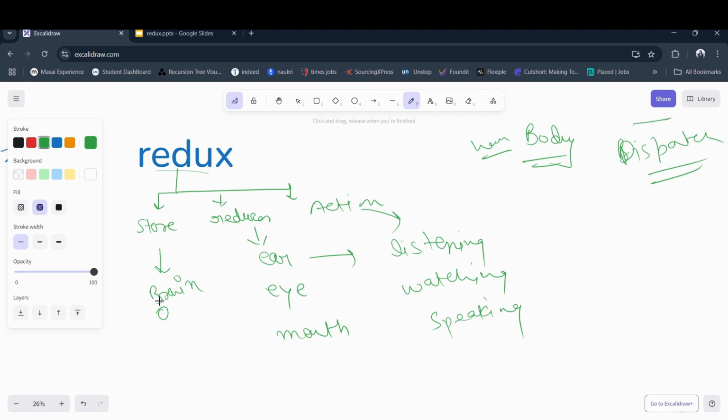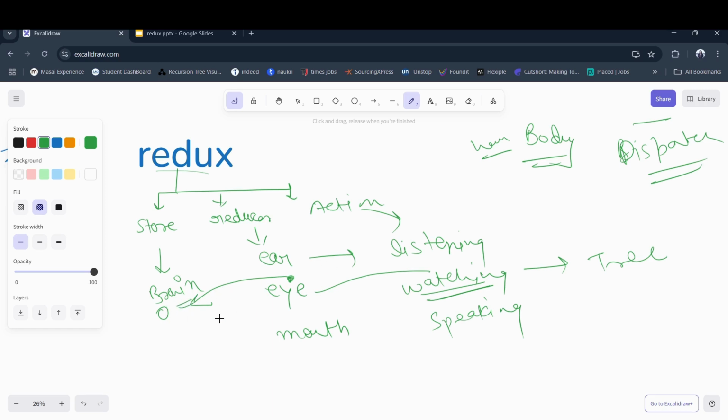What does a normal human body do? Our eyes see something. Suppose our eye is seeing a tree, and now this action is done by the reducer. Now this reducer will send it to the brain, meaning our eye sends a message to our brain that I see a tree.